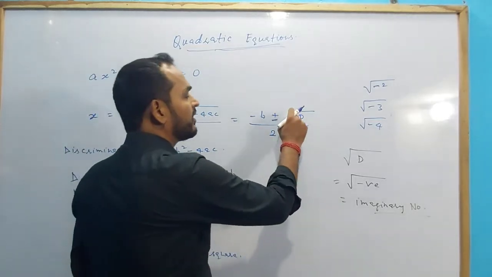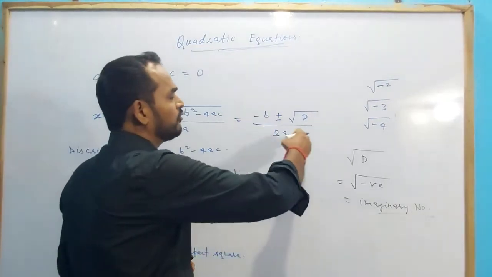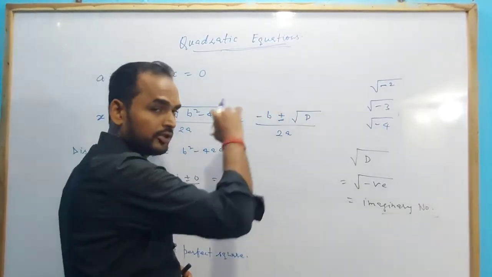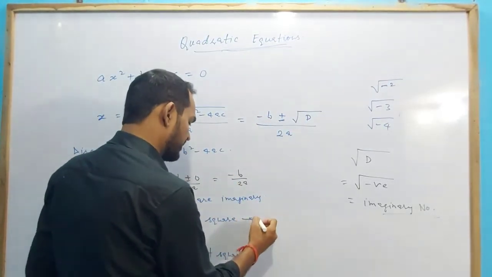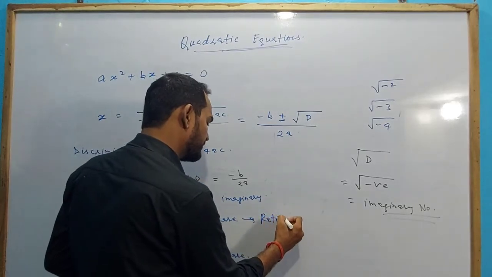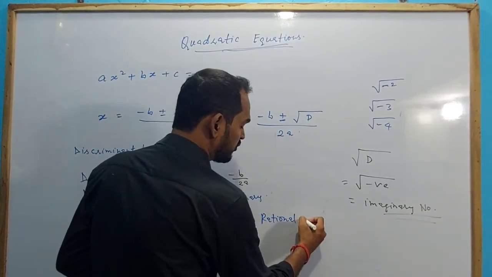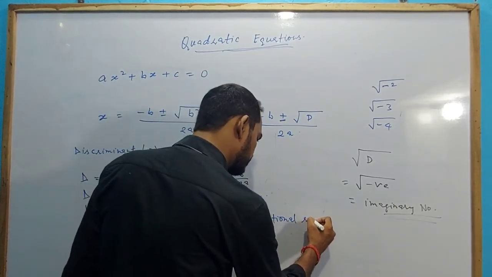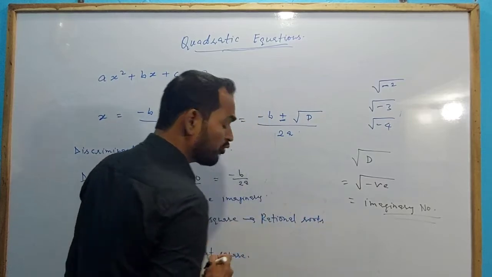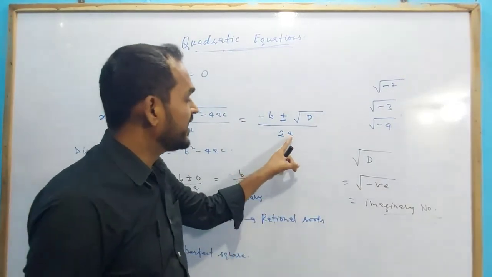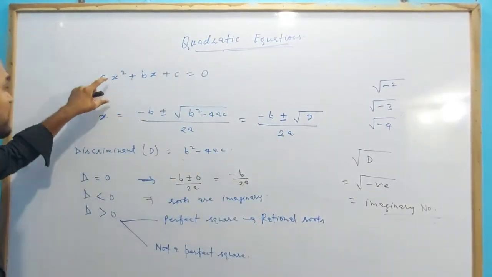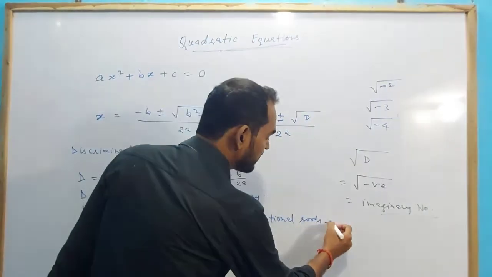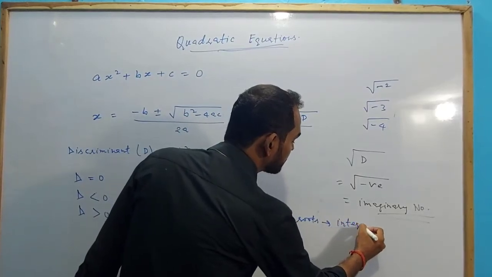When it is a perfect square, the roots are going to be real and rational. Rational roots will be there. And one thing, when the value of a becomes 1, it means the coefficient of x square becomes 1, then rational roots become integral roots.